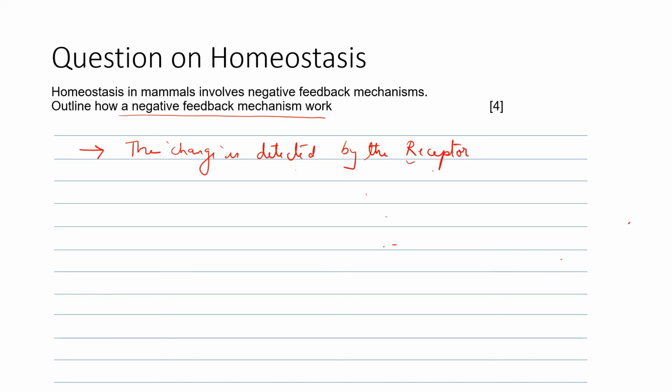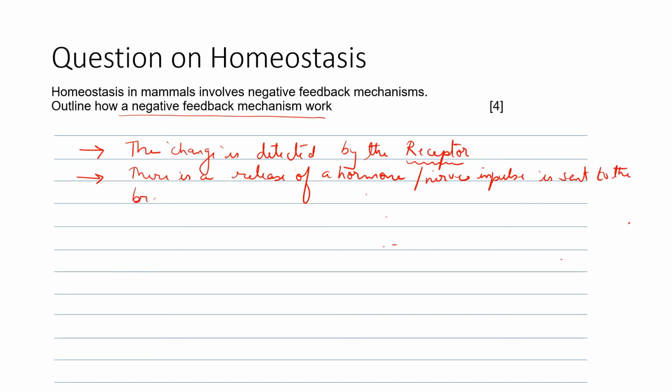Please try to underline these important words. There is a release of a hormone or it could be a nerve impulse which is sent to the brain. Now the impulse reaches the target organ or the effector.